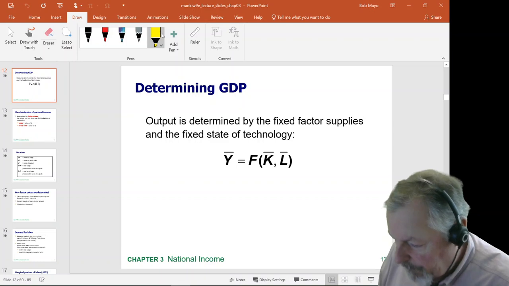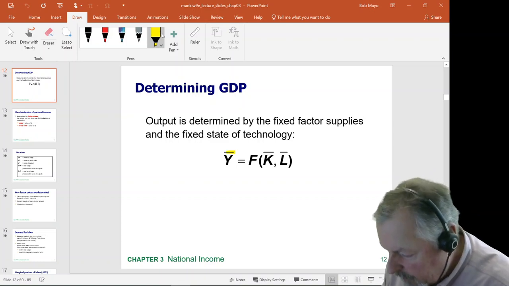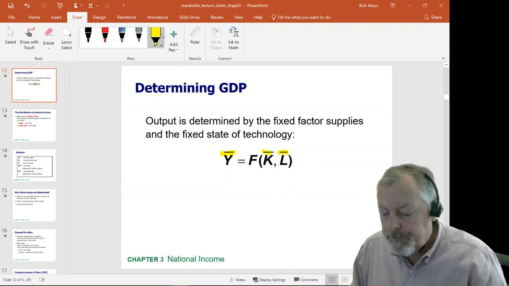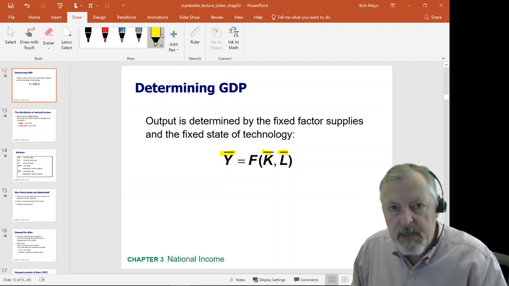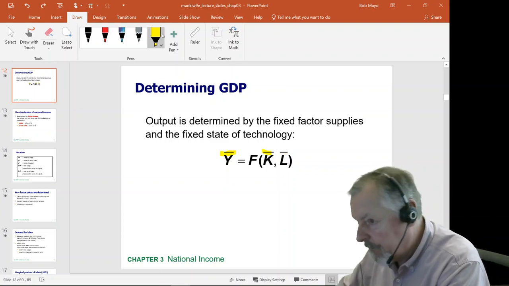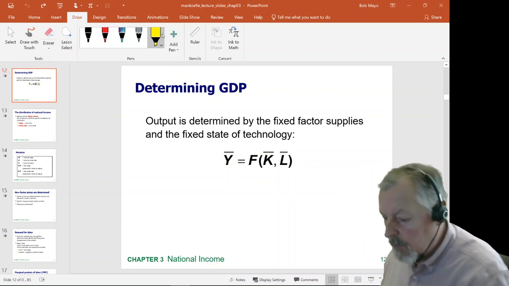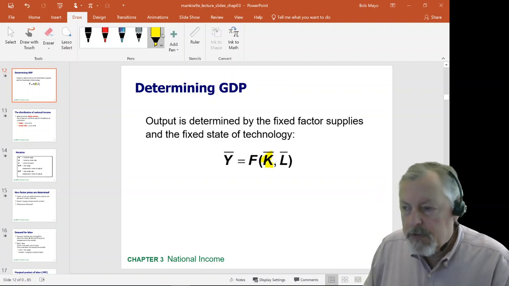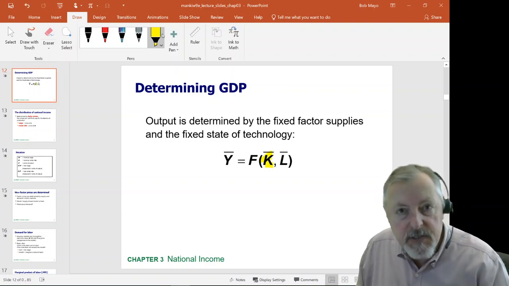Notice that we have this bar over some of the variables. That means we're assuming it to be fixed. So here, we assume capital is fixed. It's exogenous to the model.